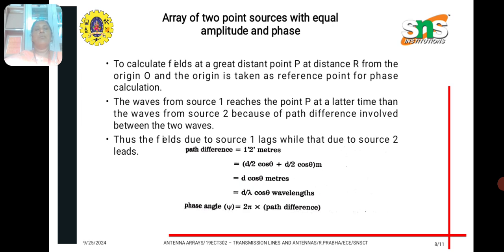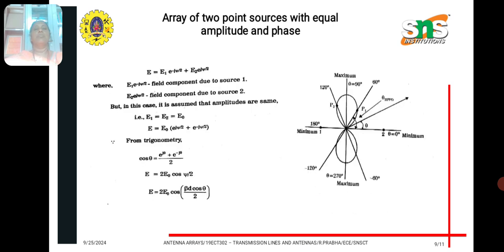To convert the path difference in terms of lambda, we divide by lambda. So, this becomes d by lambda cos theta wavelengths, and the phase angle is obtained by multiplying this path difference by 2 pi. So, we get 2 pi d by lambda cos theta. We know 2 pi by lambda is beta, so it is beta d cos theta.